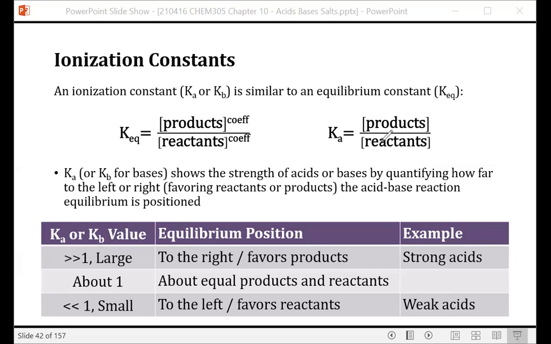When we calculate Ka or Kb, if you have a Ka value that's significantly greater than 1, it means that you have a high concentration of products and a relatively low concentration of reactants.